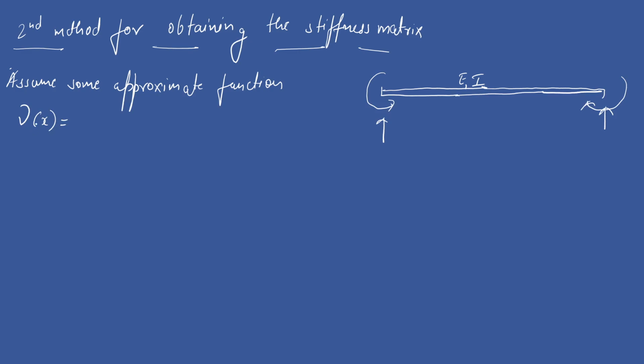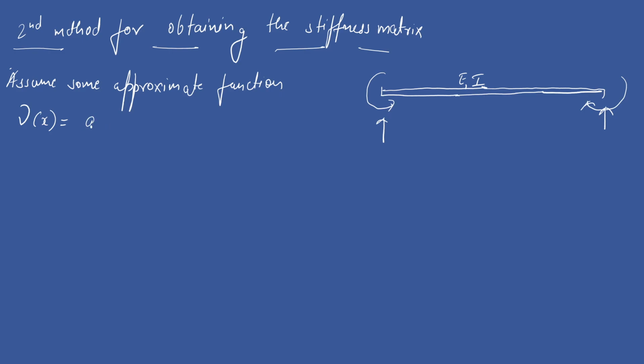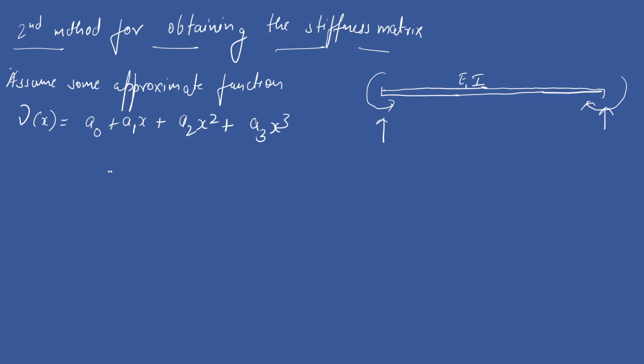Since it has 4 unknowns, you will take a third degree polynomial, which will have 4 terms. So it's a0 plus a1x plus a2x square plus a3x cubed, right?